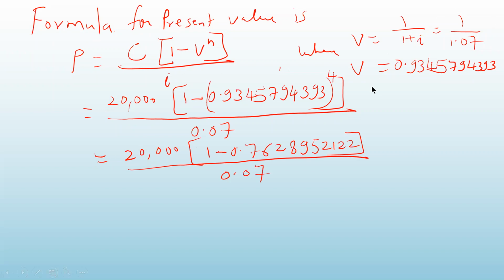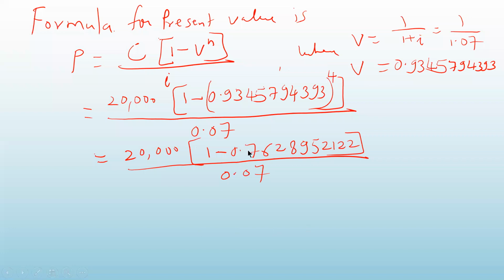See what we did. First of all, we calculated 1 divided by 1.07. This number you get, and you want its power 4. So this is already on your screen. To find its fourth power, press multiplication and 3 times equal sign. That will give you its power 4.